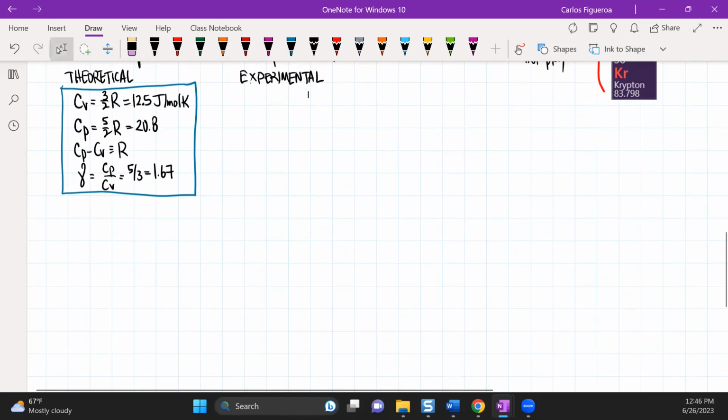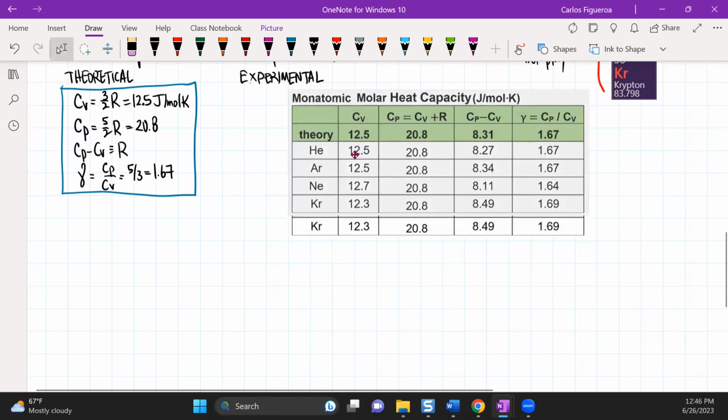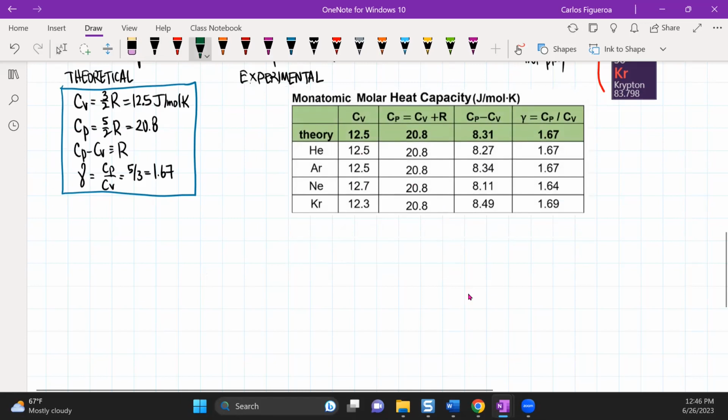But I have a table here that I'm going to share with you that looks like this. So what you're seeing here, in green, you can clearly see that these are the predictions. And then over here, these are the experimental values.